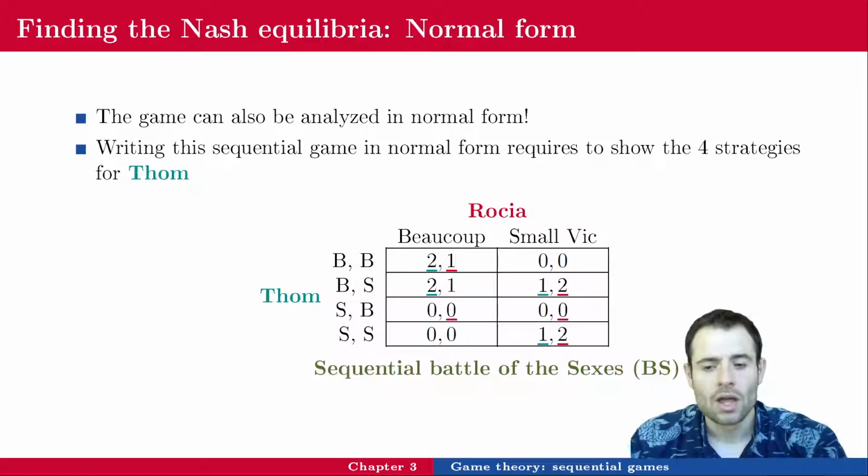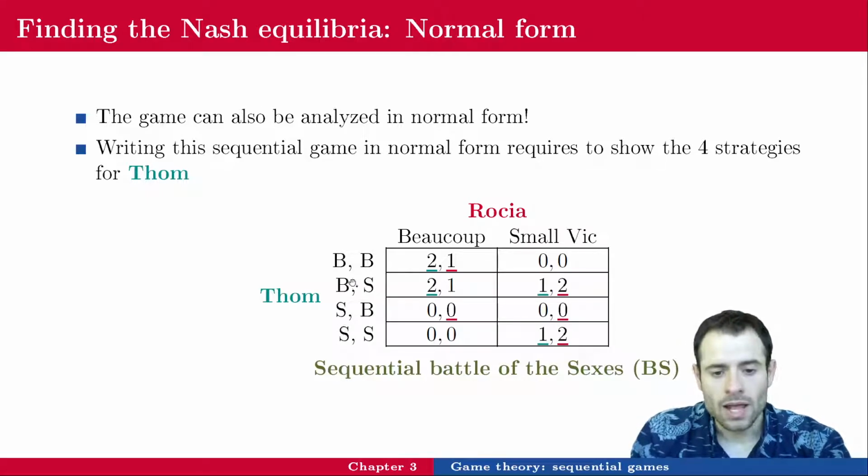Now, let's look at Rosia's best responses. If Tom plays BB, so he goes to beaucoup regardless, well, Rosia should meet him at least. So she's going to meet him at beaucoup, and beaucoup is the best response. 1 is higher than 0.